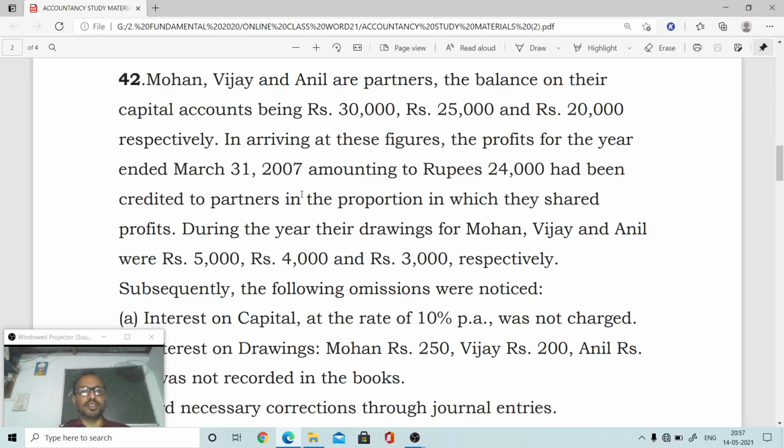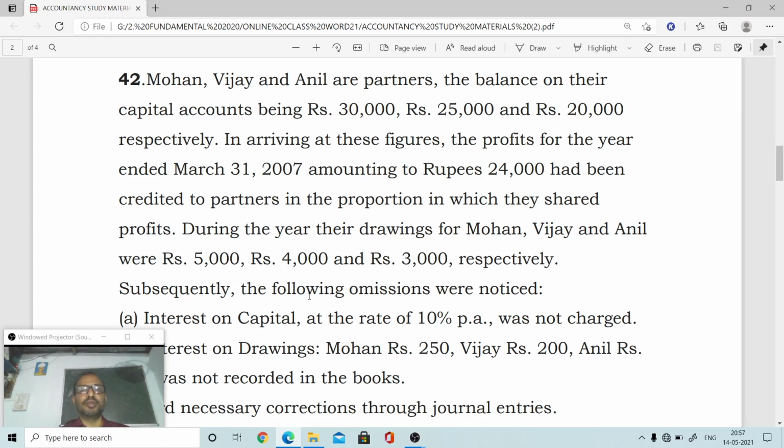Now after that, during the year, the drawing also is there. The first partner will draw 5,000, second partner 4,000, third partner 3,000 respectively. So that is also being adjusted with their closing capital. So you know the formula to find the opening capital. Sequence-wise: opening capital add net profit less drawing equals closing capital.